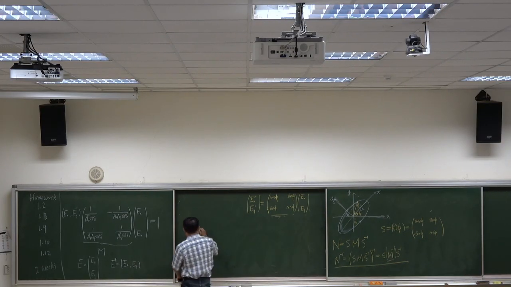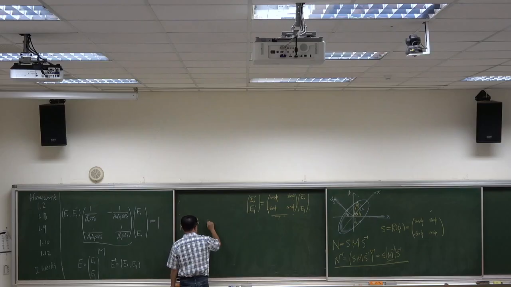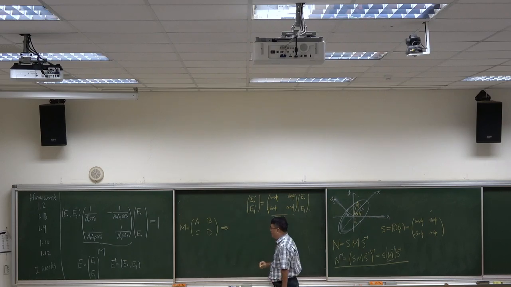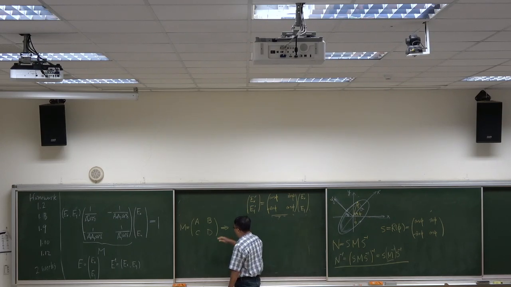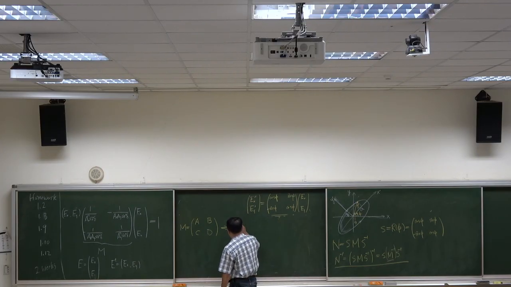For a 2 by 2 matrix of this form, suppose I have a 2 by 2 matrix like this, then there is a very simple formula that can be applied to get its inverse. And the inverse is equal to this.